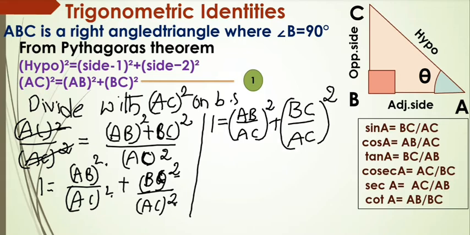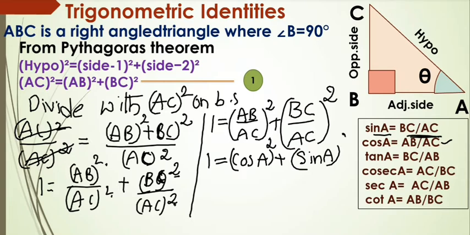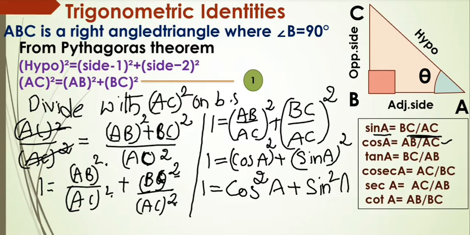And observe that AB by AC is nothing but cos A. So we get 1 is equal to cos A whole square plus BC by AC means sin A, so sin A whole square. Cos A whole square can be written as cos square A. That means whatever the value of cos A, we have to square it. So this is nothing but cos square A plus sin square A. Observe that sin A whole square is nothing but sin square A.